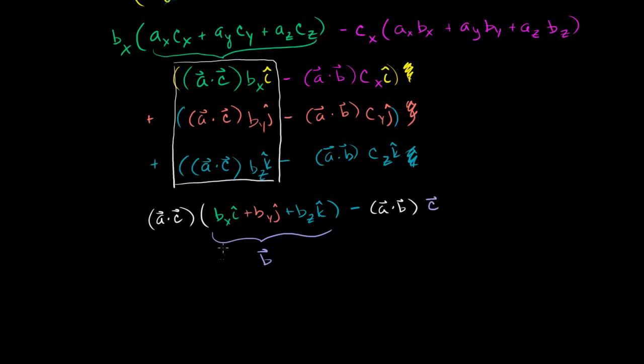So just like that, we have a simplification for our triple product. I know it took us a long time to get here, but this is a simplification. It might not look like one, but computationally it is. It's easier to do.